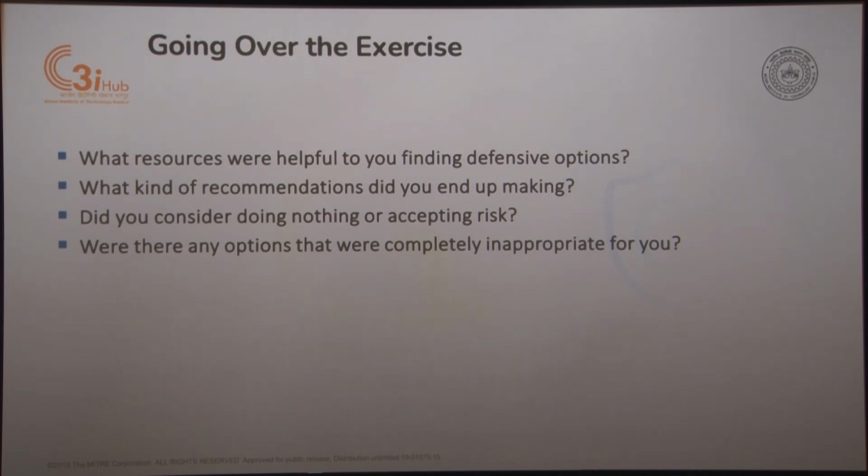Were there any techniques for which you decided, okay, I am not going to implement anything for this, let's accept the risk related to that TTP, that technique, attack pattern? Were there any options that were completely inappropriate for you? Was there any option which did not align with any of the defensive options we saw?